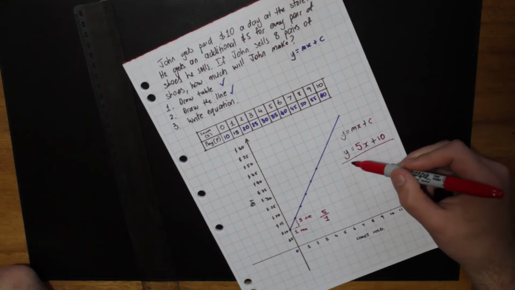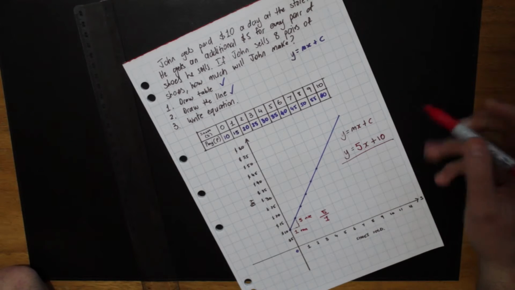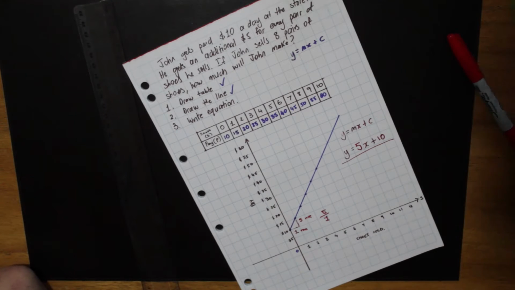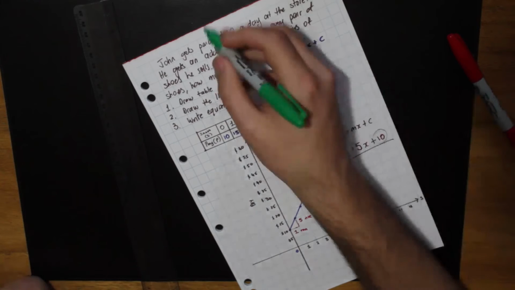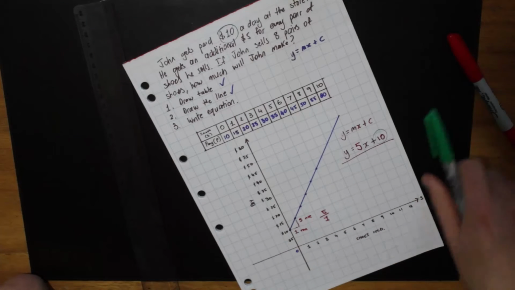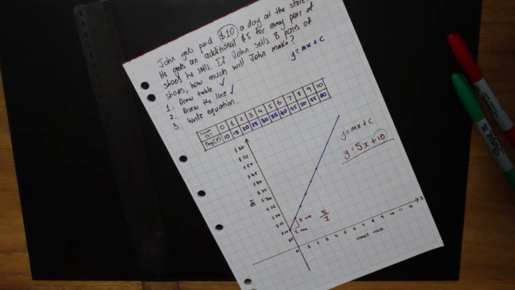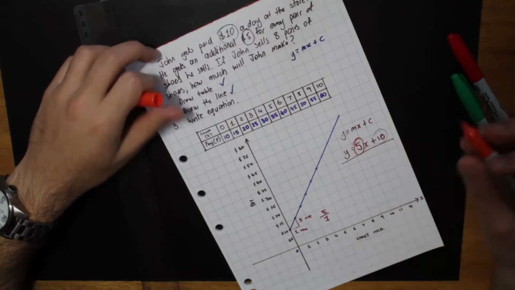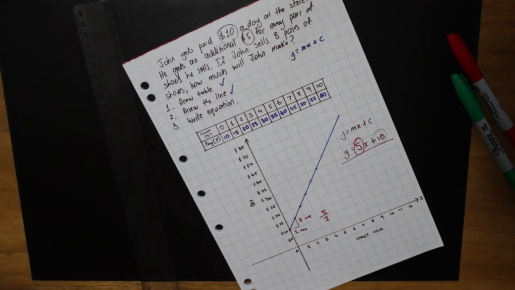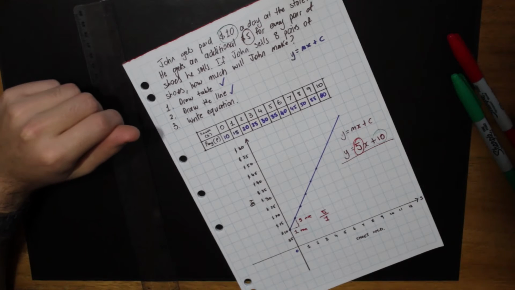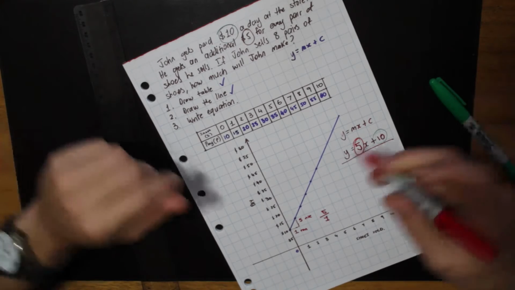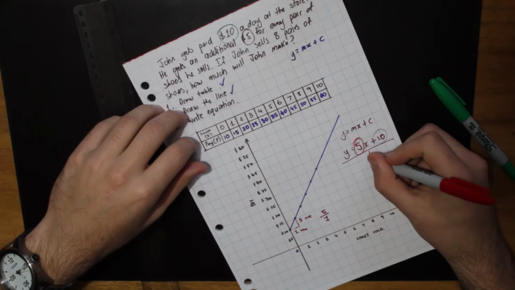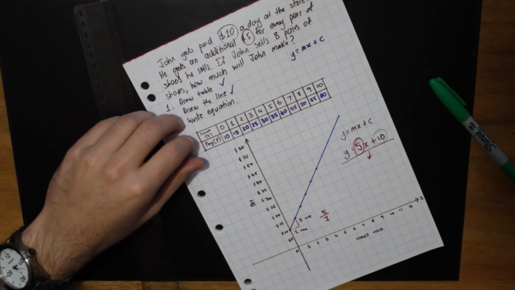So our equation ends up being y equals 5x plus 10. 10 being c, or the y-intercept, or his daily pay, and then 5x being the amount he gets paid for every pair of shoes he sells, and x here represents how many pairs of shoes he sells.